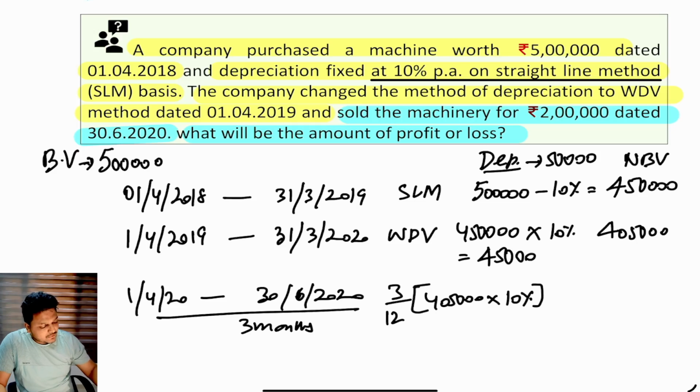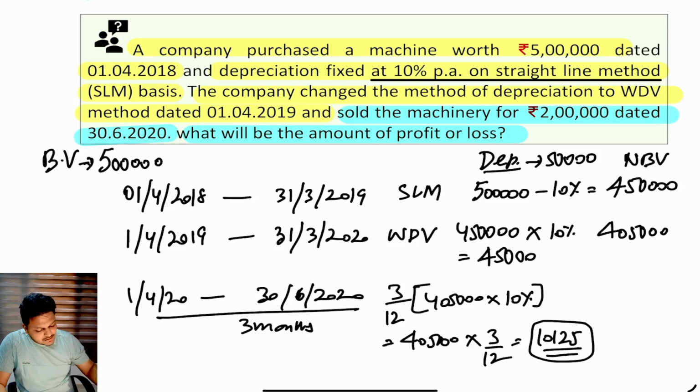So 4,05,000 multiplied by 10% is 40,500. 40,500 multiplied by 3 divided by 12 came out to be 10,125. So this is the depreciation for the 3 months, right? So 4,05,000 minus 10,125 is 3,94,875. So this will be the net book value after this particular period.